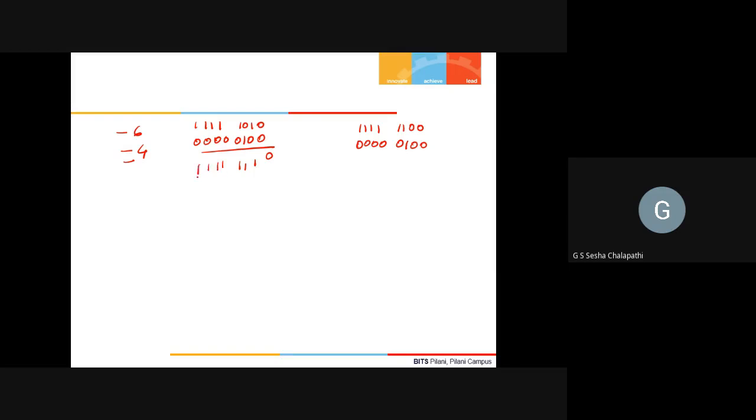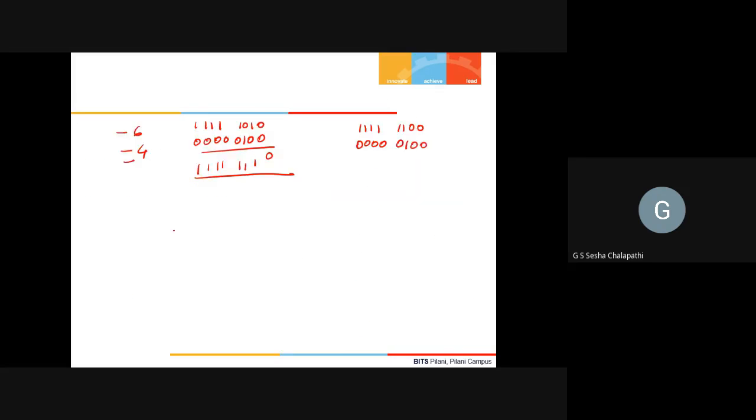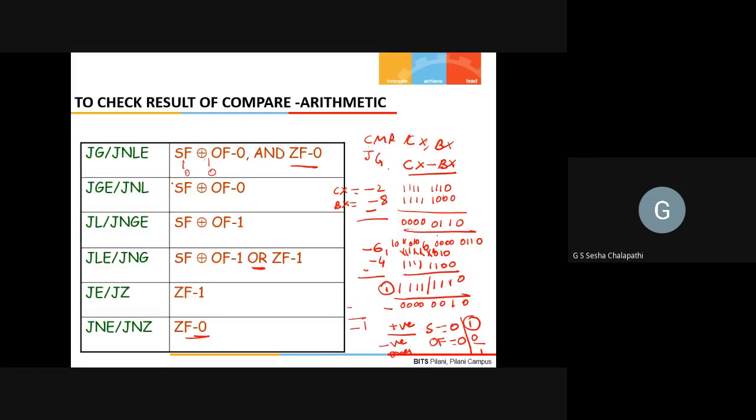Now what is this? This is again the same thing. The only thing is that I have not got a carry flag again, no carry flag. So here comes the difference. When you do the normal pen and paper method, where you actually take the 2's complement of -4 and add it to -6, in this case you are not getting a borrow, but in the microprocessor way of doing it, you will get a borrow.